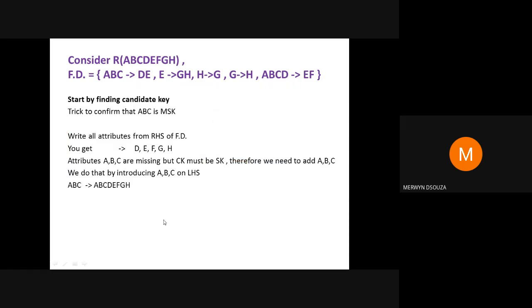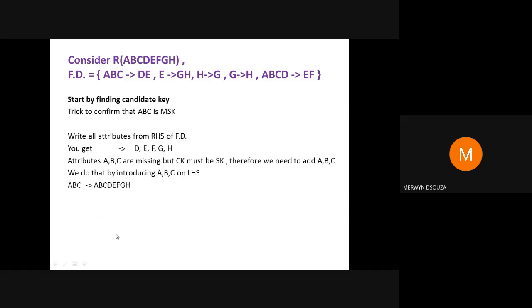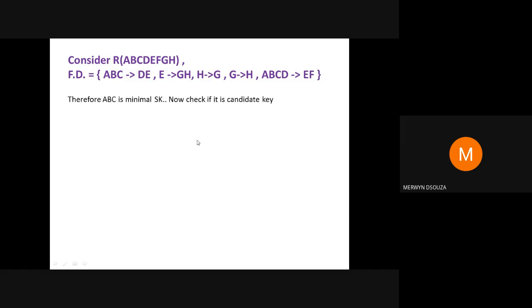From the previous slide, I'm directly going to the step that we have always studied. From ABC we find the proper subsets and check whether the proper subsets are super keys or not. If they are not super keys, then we will claim that ABC is the candidate key. So these are the proper subsets.